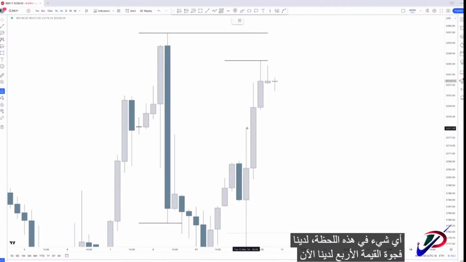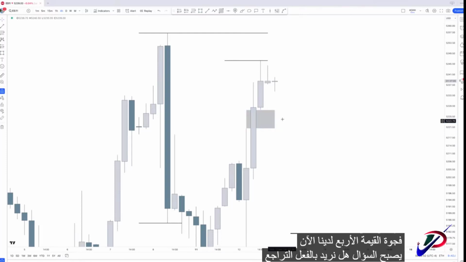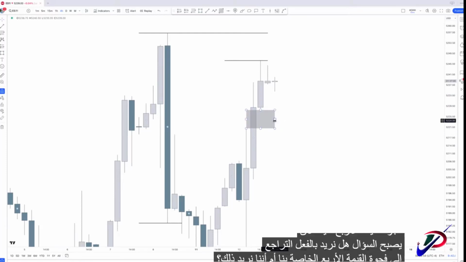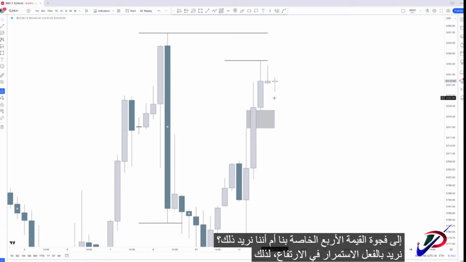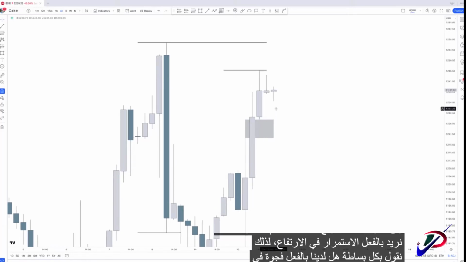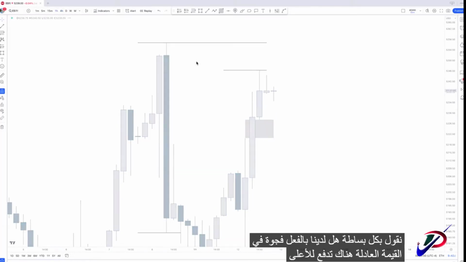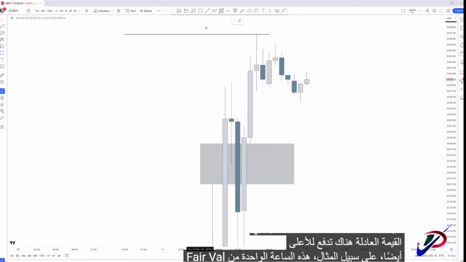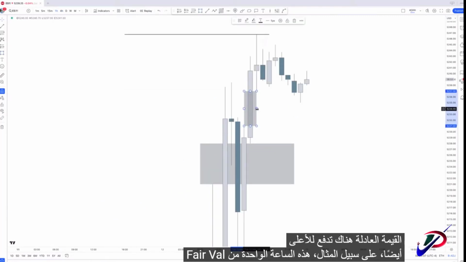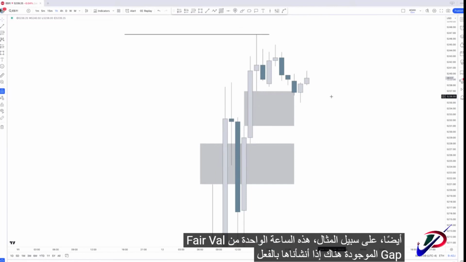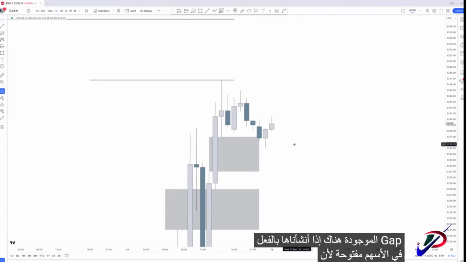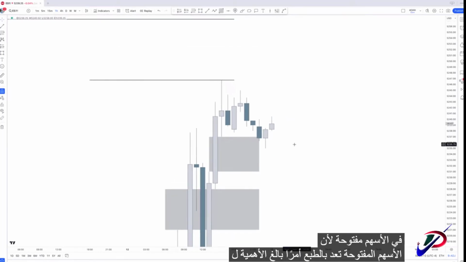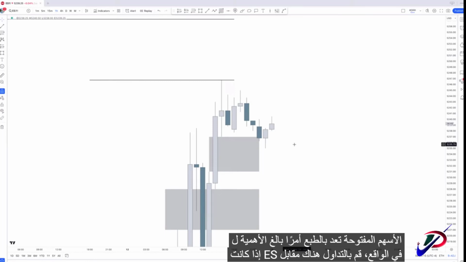We have that 4 hour value gap. Now the question becomes, do we already want to retrace into that 4 hour value gap or do we already want to continue higher? So very simply said, do we already have a fair value gap right there pushing higher as well? For example, this 1 hour fair value gap sitting right there. If we already create at equities open, because equities open is of course crucial to actually trade right there for ES.